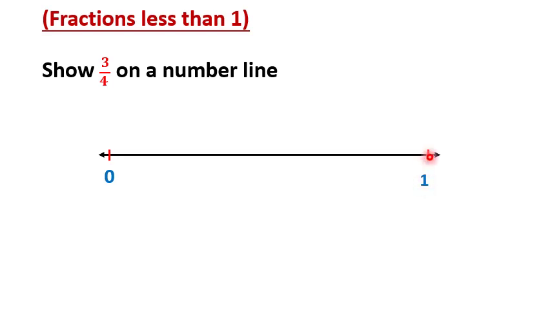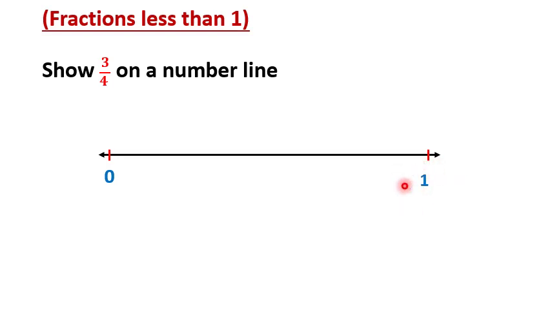Now, we just discussed in the previous slide that when you write a fraction for the whole, it is equal to what? Very good. It's equal to 1. Now, in the next step, I have to divide my number line into equal parts. But how many equal parts?